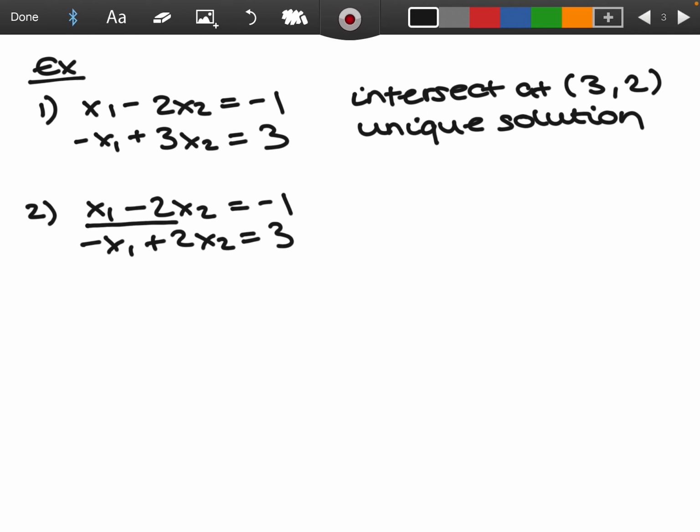So if I took this left-hand side and multiplied it by -1, I would get the left-hand side of my second equation. But my right-hand sides, if I multiply -1 by -1, I don't get 3. So my left-hand sides are multiples of one another, my right-hand sides are not. So therefore there is no solution to this system of equations because they're going to end up being parallel lines if you were to graph them.